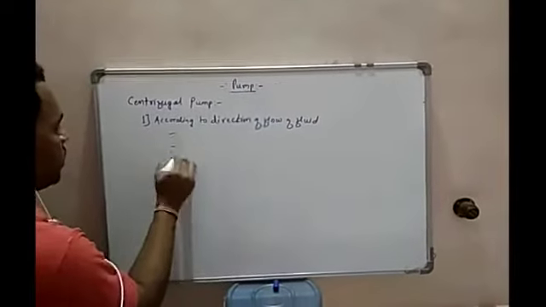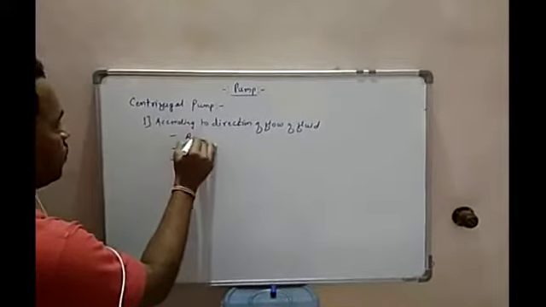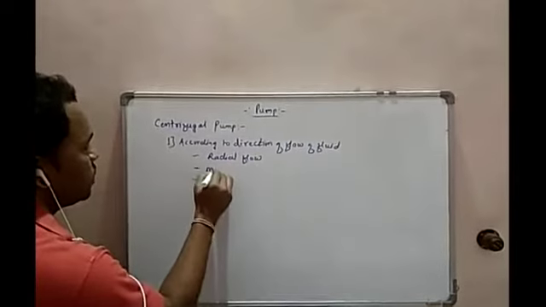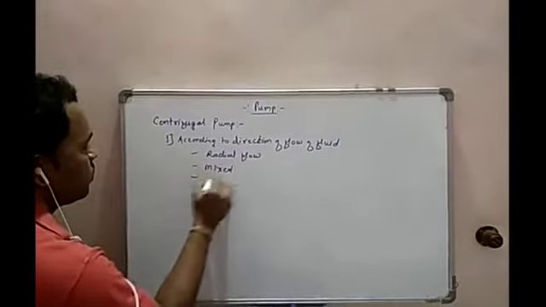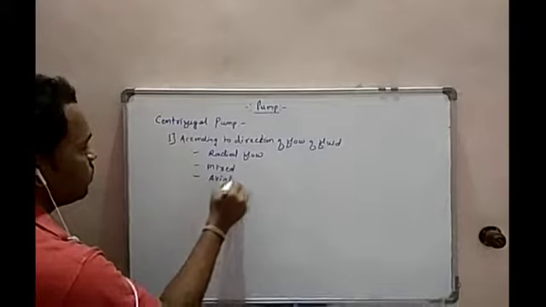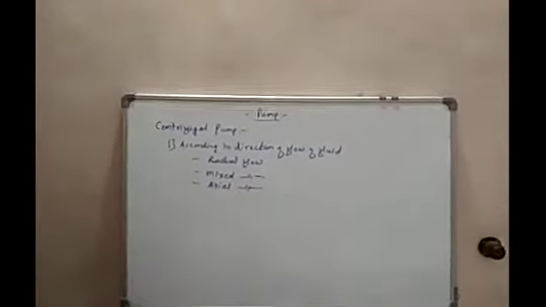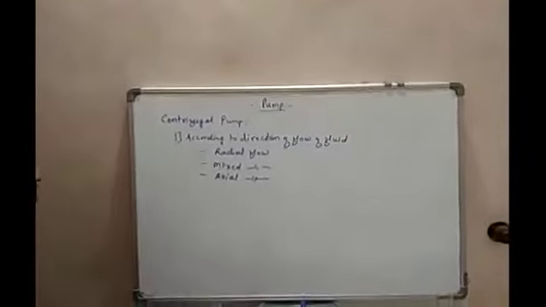There are three basic types: radial flow, mixed flow, axial flow. These are the three basic types according to the direction of flow of fluid.